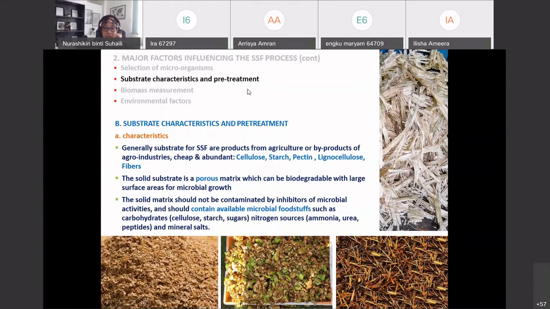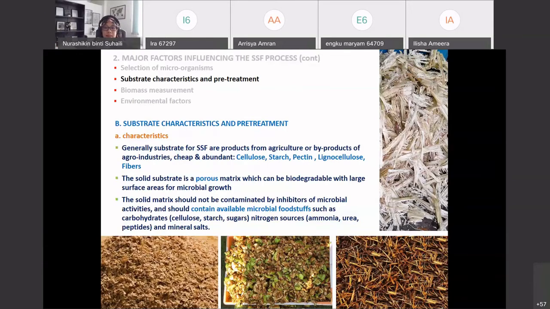Okay, so if you see the substrates used for the food just now, they are actually originally food, right? Like soybeans, the rice. You ferment it and then you get different products at the end.